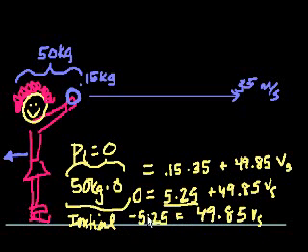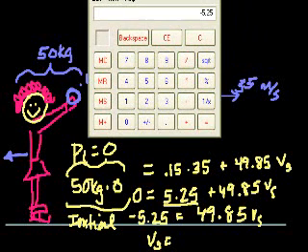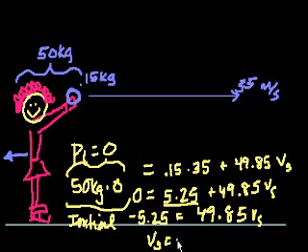And to figure out the velocity, we just divide her momentum by her mass, and so divide both sides by 49.85, and you get the velocity of the skater. So let's make this a negative number, divided by 49.85 equals minus 0.105.